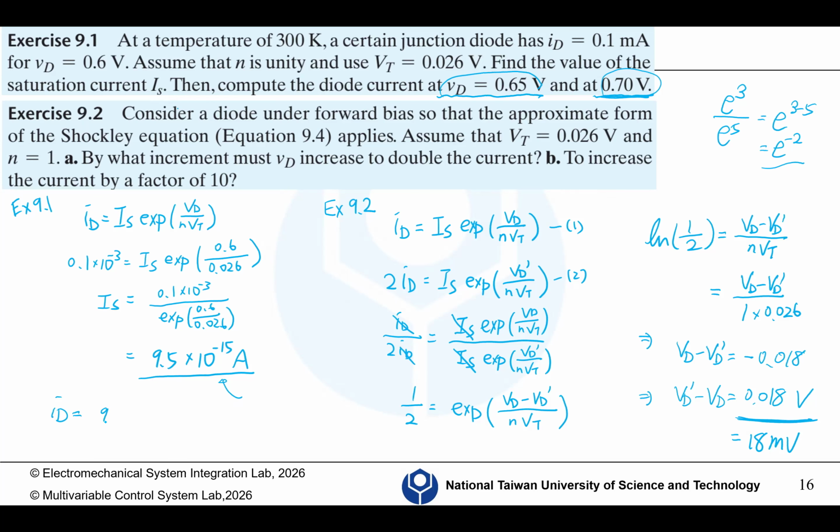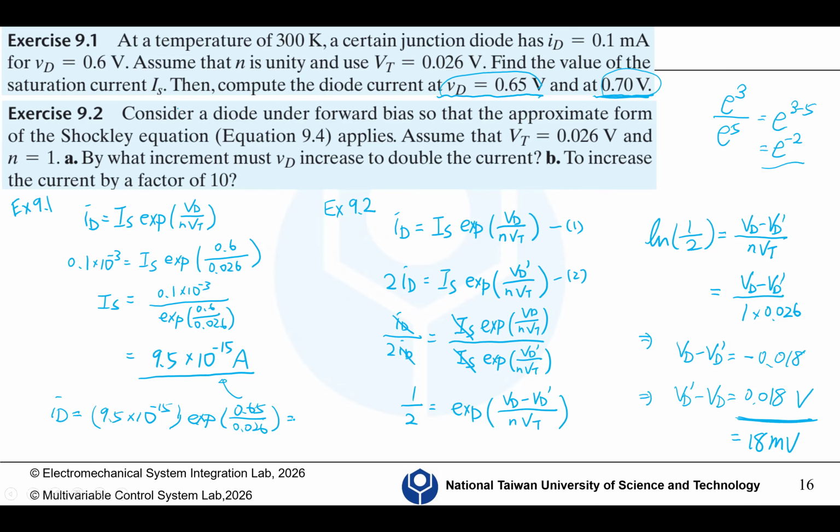So ID equals 9.5 times 10 to the power of minus 15 times exponential of VD 0.65 over 0.026.